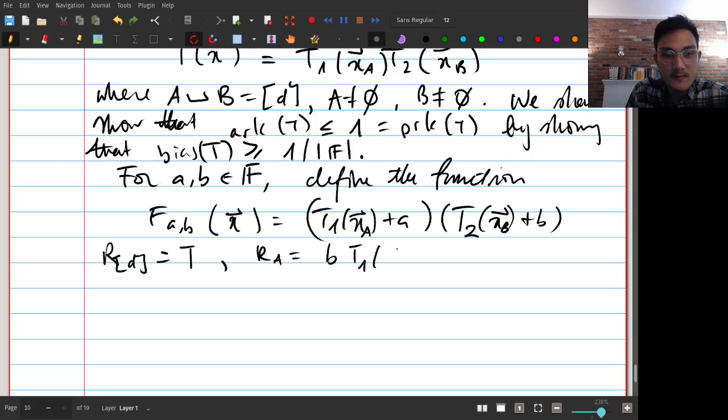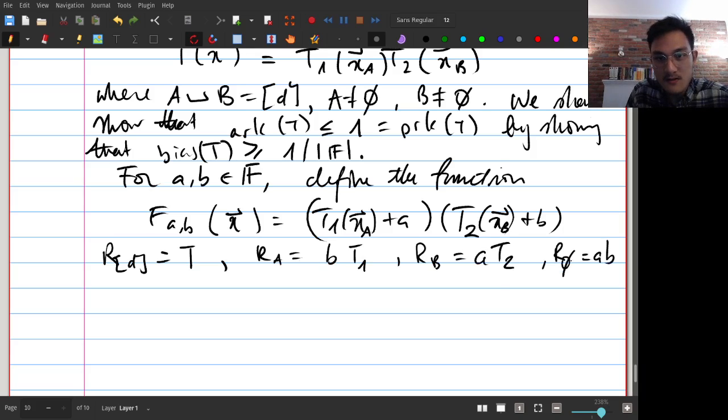So R_A takes a vector indexed by A, and T1 happens to be indexed by A. R_B is a times T2. R of the empty set is equal to ab.